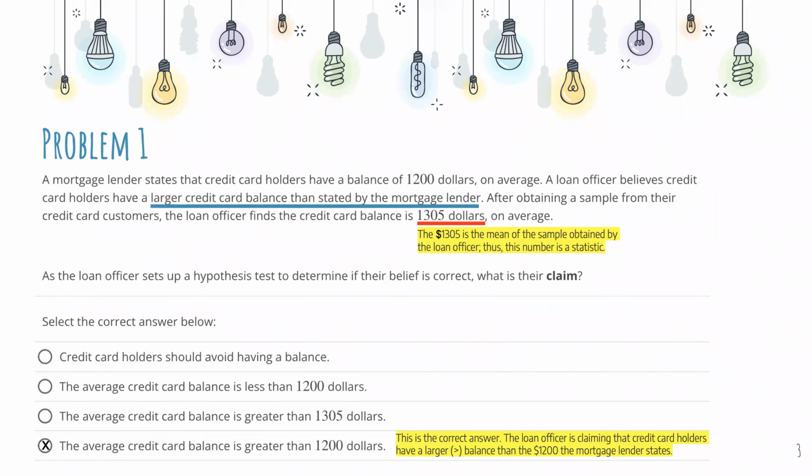Let's talk about problem number 1. A mortgage lender states that credit card holders have a balance of $1,200 on average. A loan officer believes credit card holders have a larger credit card balance than stated by the mortgage lender.